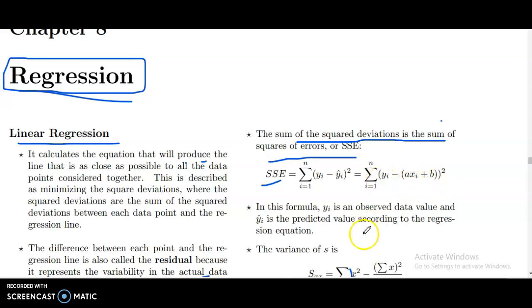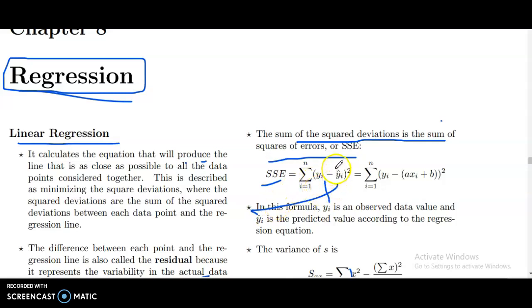In this formula, yi is the observed data value and y cap is the predicted value according to the regression equation.